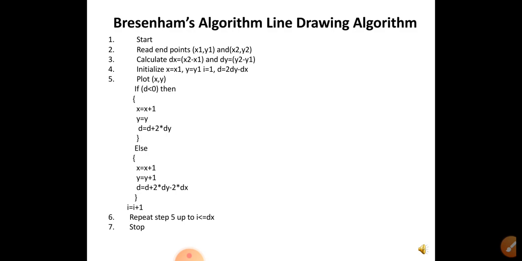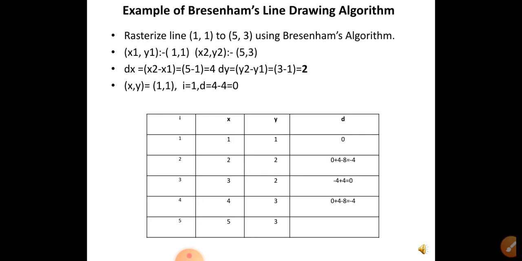The x value gets incremented by 1, no issue, but for the y value, if the decision parameter is less than 0, no need to increment y. So depending on the decision parameter, the y value gets incremented or not incremented by 1. Okay. So this is Bresenham's line drawing algorithm. Let us take an example.